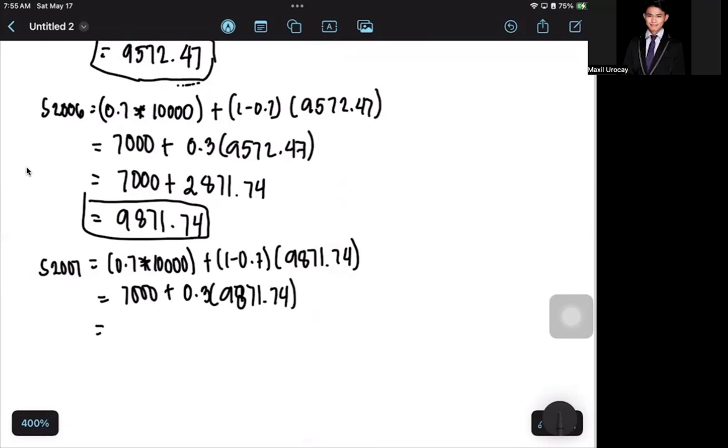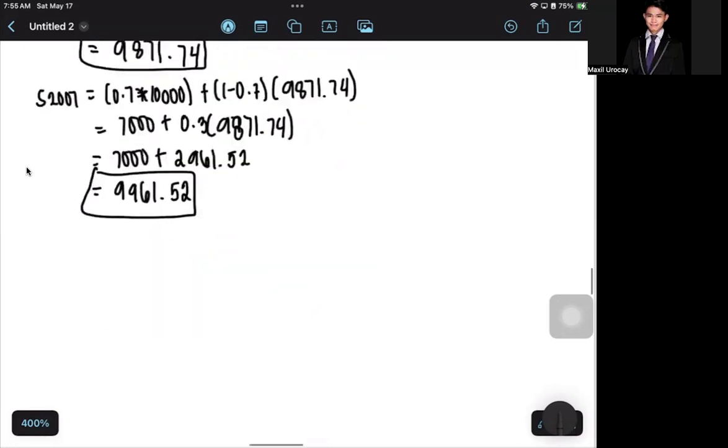You will multiply that by 0.3, and that will become 2,961.52. And then you will add that to the 7,000, and that will become 9,961.52. So this will be the forecasted data for 2007.